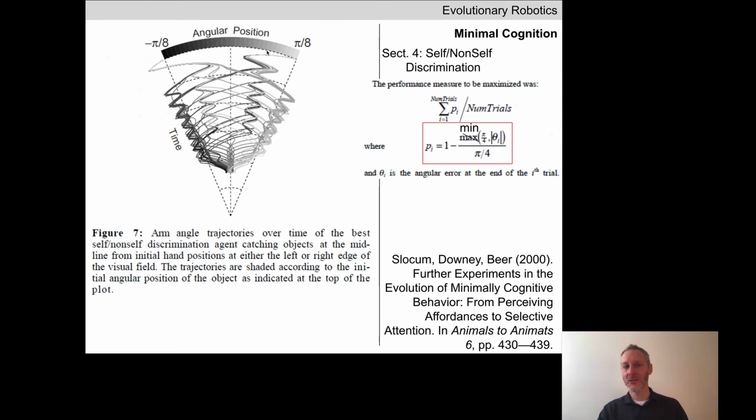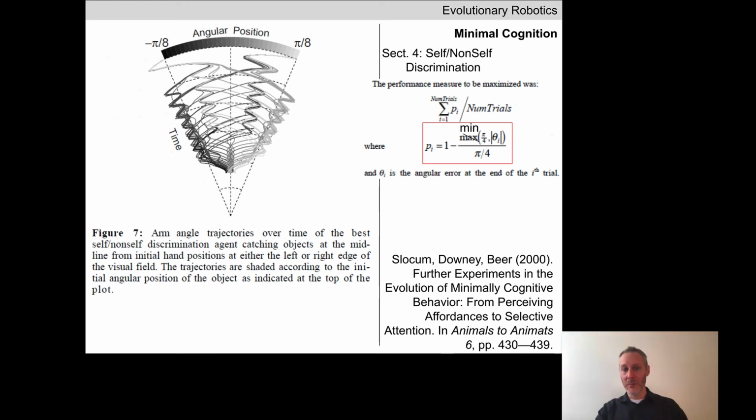So a black trajectory that starts from here means we cranked the arm to the right, but the object fell from the left. A light trajectory that starts over here, to the left, means we cranked the arm to the left, but we dropped the object from the right.